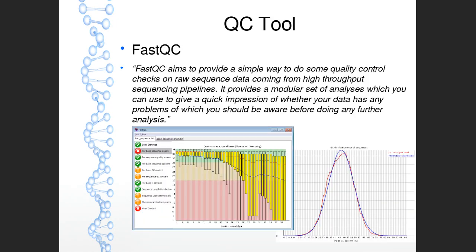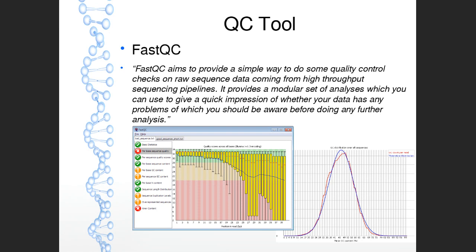So what's this FastQC tool all about? Well, FastQC is probably one of the most popular quality control tools out there. There are several others that can be used, but you'll find this to be the most common and one that we'd recommend you use going into the future.